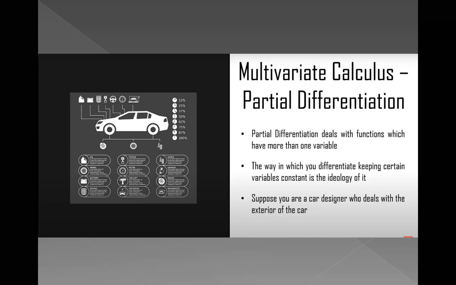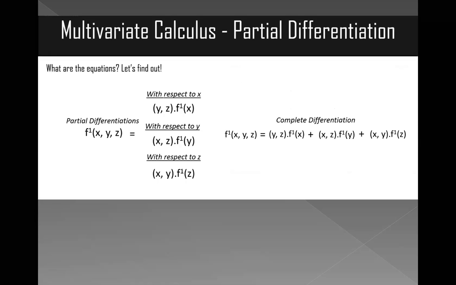That means the performance is differentiated with respect to your exterior part, and everything else acts as a constant at that time. So during that time we are using partial differential functions. This is how we are doing it.